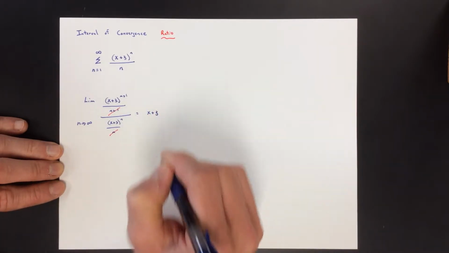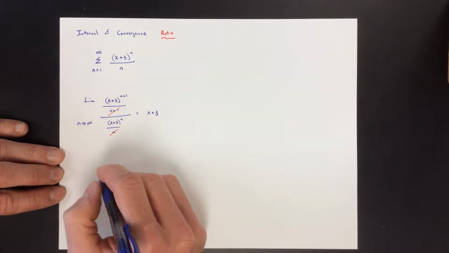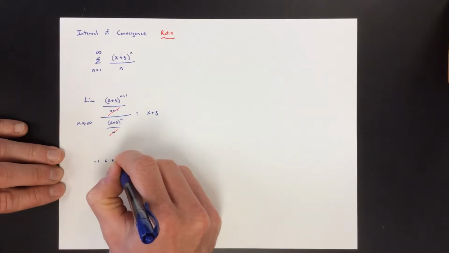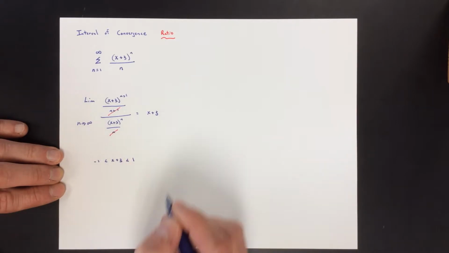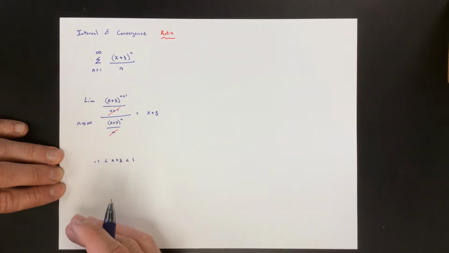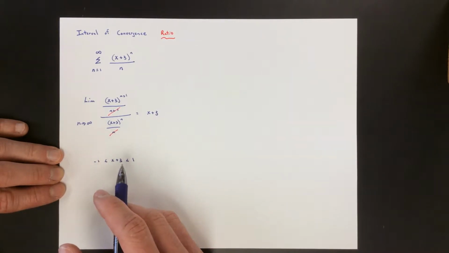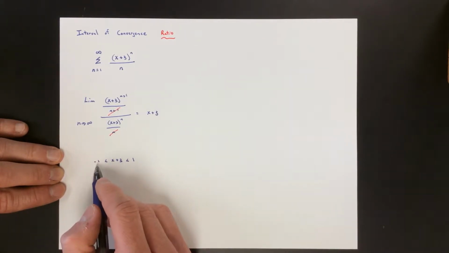Okay? And what does the ratio test say? The ratio test says that we want our limit in between negative 1 and 1. Now, when we first learned the ratio test, we said that we wanted our limit less than 1. But now we're allowed to have our series alternate, because now we know the alternating series test, so now we can have it between negative 1 and 1.